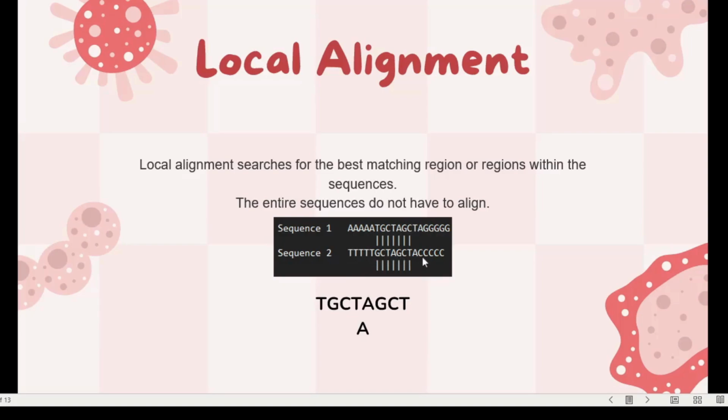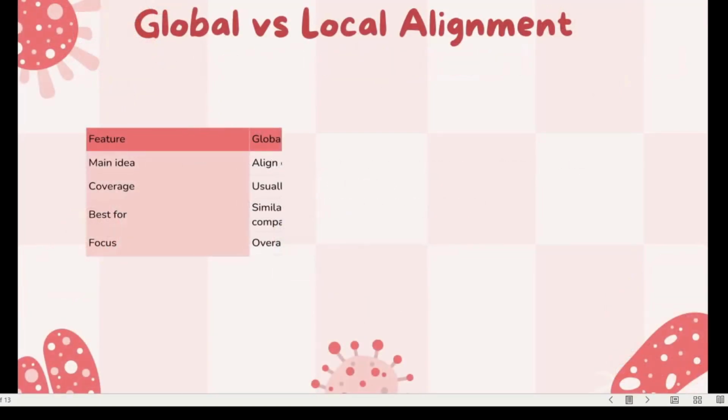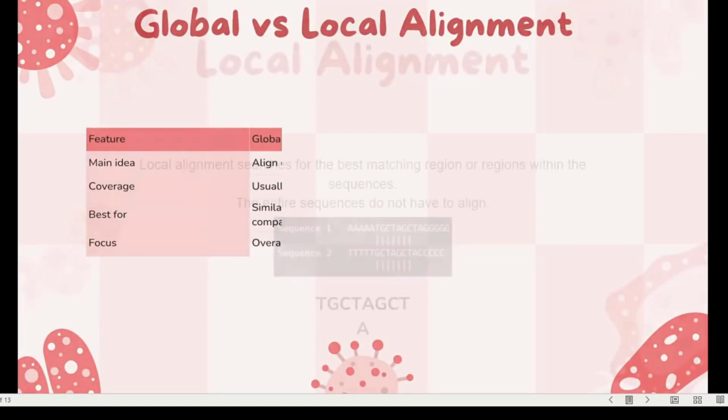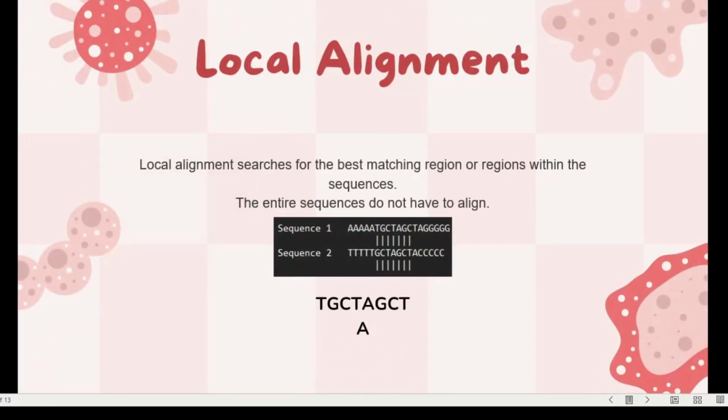From these two sequences, this part of the sequence is common. This part of the sequence is shared. So this kind of thing we do in the local alignment.